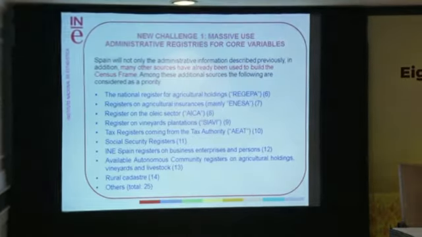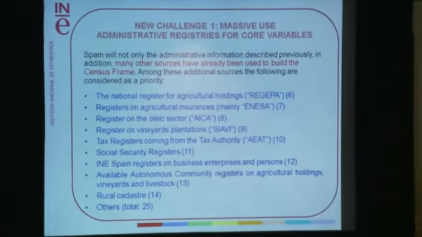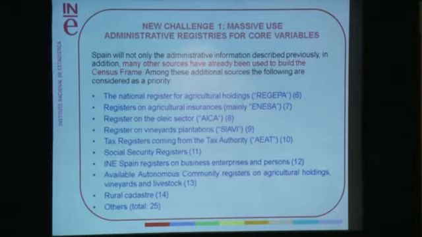But we are also going to use, in addition, 20 additional registers, so that makes a total of 25 registers. And these are all national and regional registers. Some of them are sectoral, but we are also using Social Security System register and tax register.